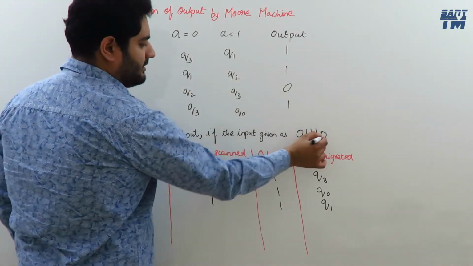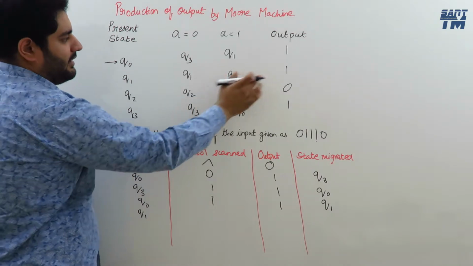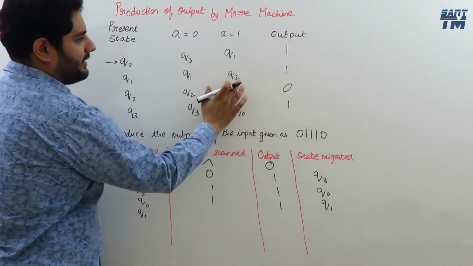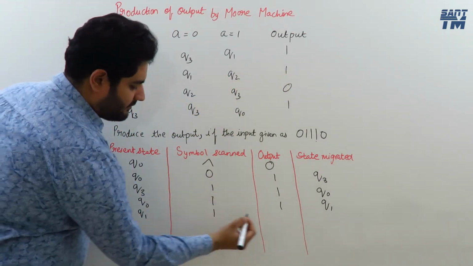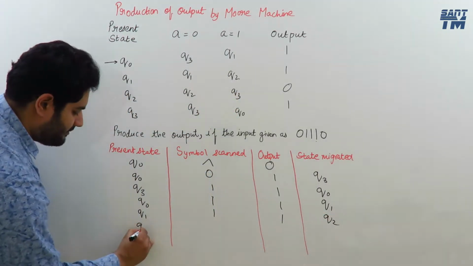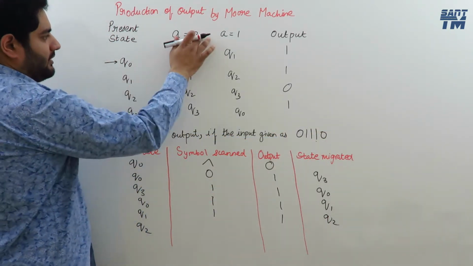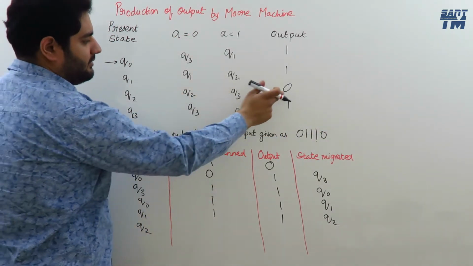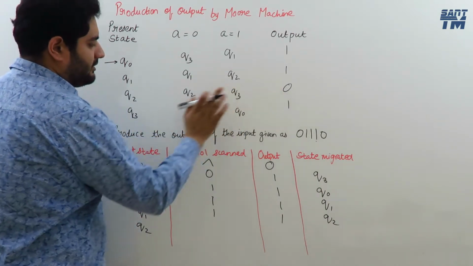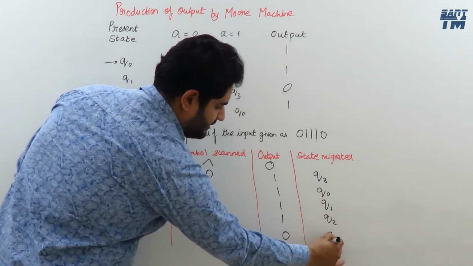Q1 on applying the third 1 will give us Q2 and output 1. This Q2 will be our present state now. Q2 on applying 0 will remain in Q2 and produce output 0.